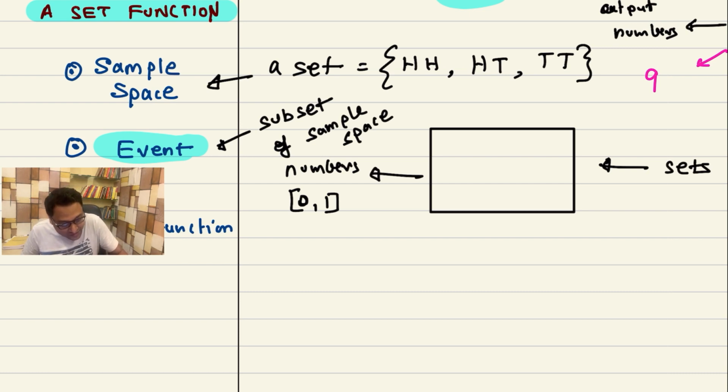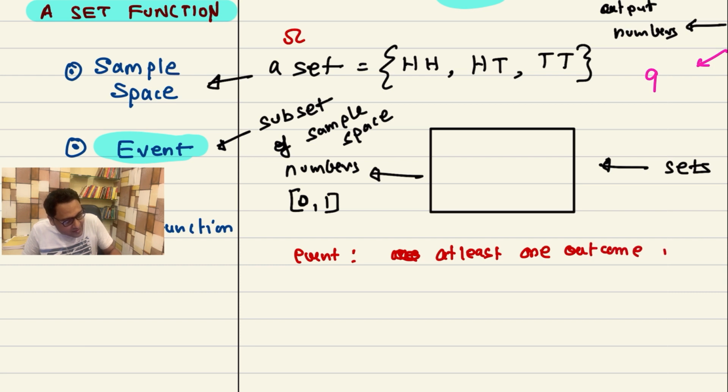Sometimes the sample space is denoted by omega. So I'll give you an example of an event. An event: at least one outcome is heads in that problem that we are giving as a sample.